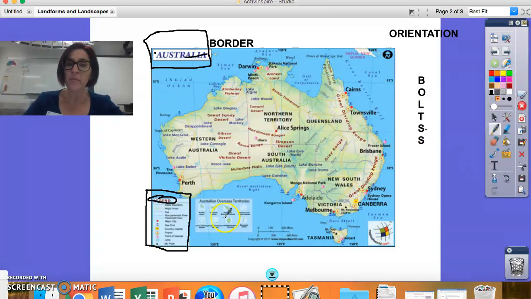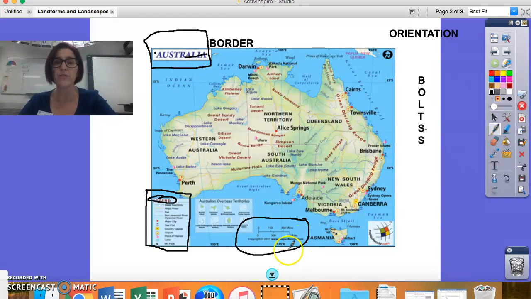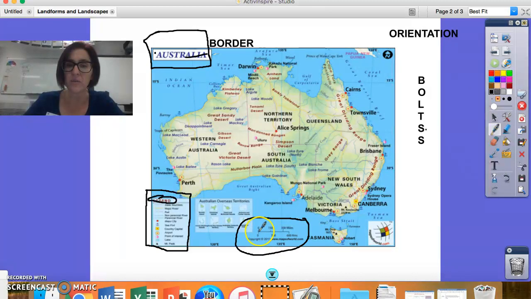Usually down the bottom near your legend somewhere, you'll find something that looks a little bit like this. You'll see a line and it will have 0 to 100 to 200 to 300, going up in little increments. What that means is that whatever that distance is, using a ruler, if it was 1 centimetre, on the actual real life land it would be 200 kilometres.